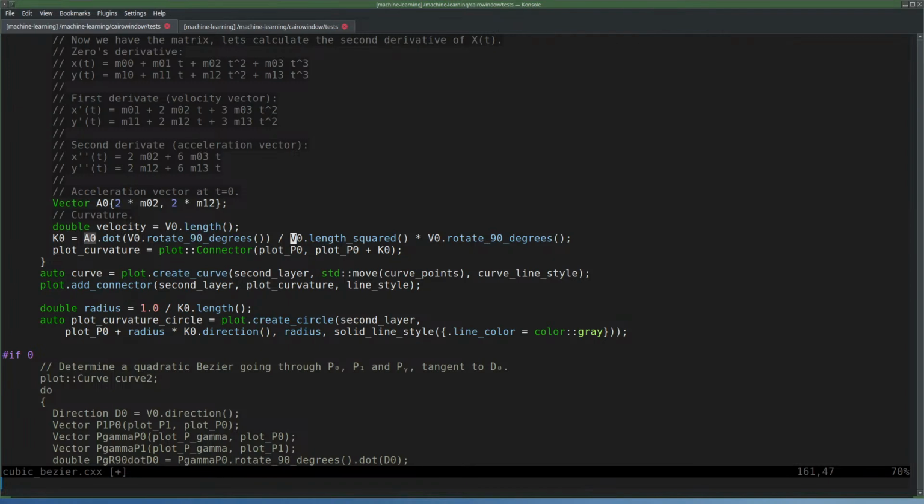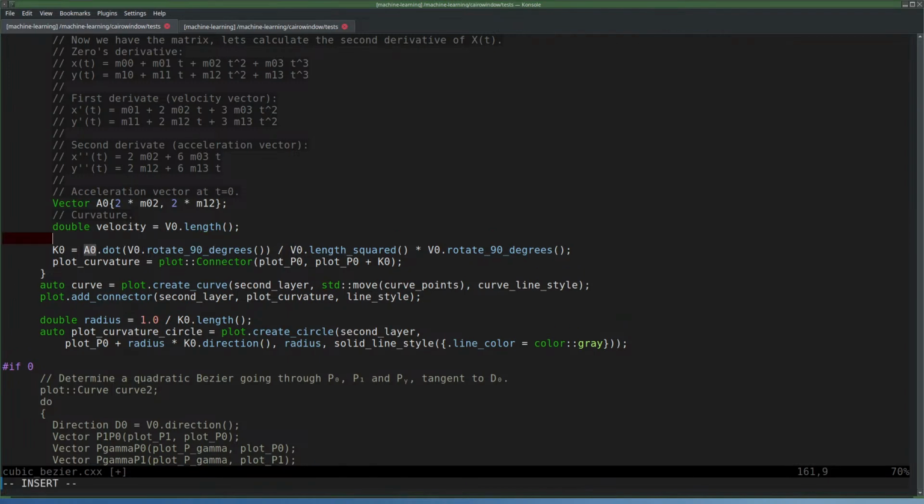Let's go for the direction vector for a moment. To have the direction T0, V0 direction.